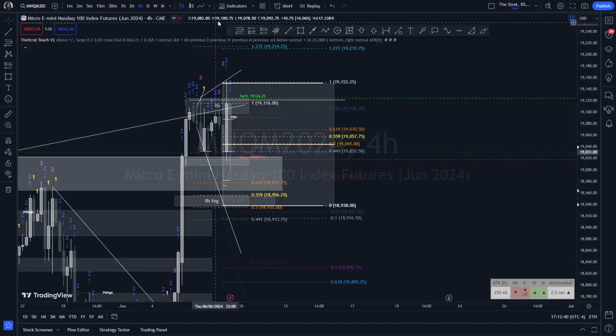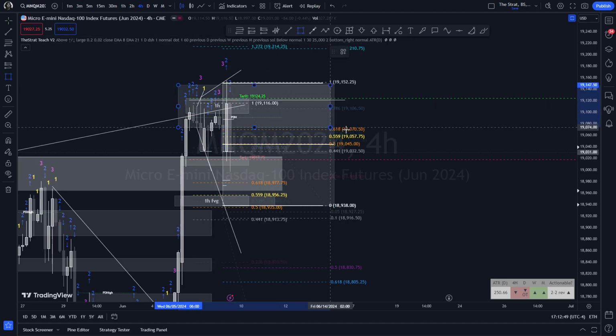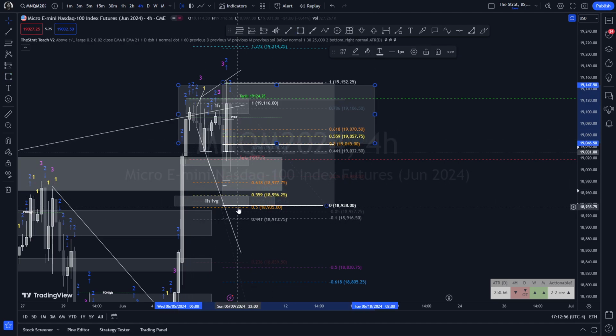Because your probability, if you want to speak probability, like anything above this area here, and you're trying to go long from where the actual move happened, you're already up there. So you're risking a good 75% of this entire range. And the higher you go, the more you're risking.